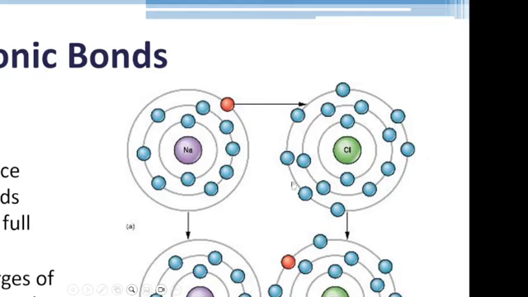The full valence shell is 8 here. Now, when the electron is moved, they are bonded together. That's why we have sodium chloride, or table salt.